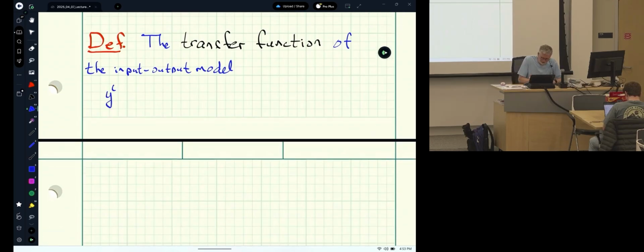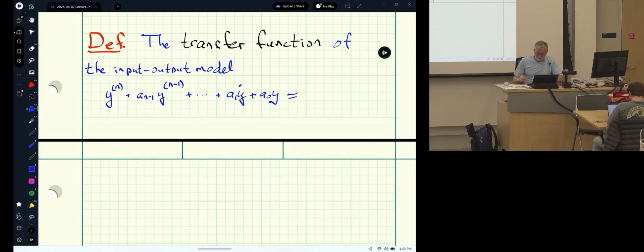So now I'm going to write down this potentially arbitrarily high order differential equations that we've come to know and love. So y to the n, blah, blah, blah, all the way down to no derivatives equals b0 u of t plus b1 u dot of t plus dot, dot, dot.